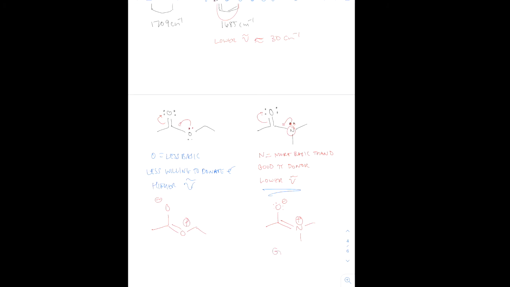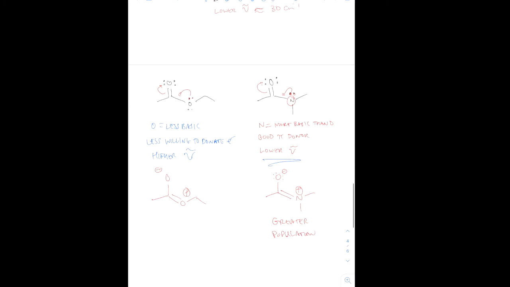And so that's why we're going to have greater CO single bond character in the amide. And so let me draw the population, and that's going to be greater CO single bond character, and therefore the lower wave numbers. Okay.